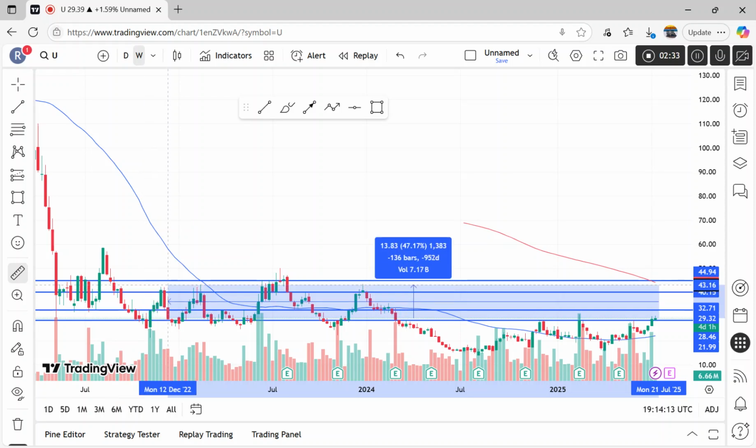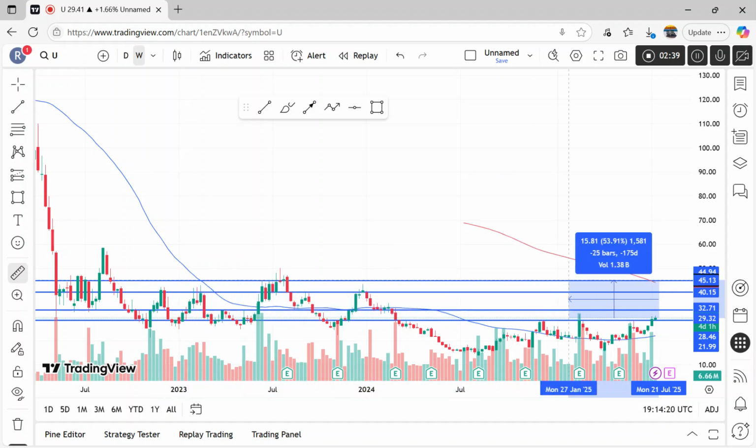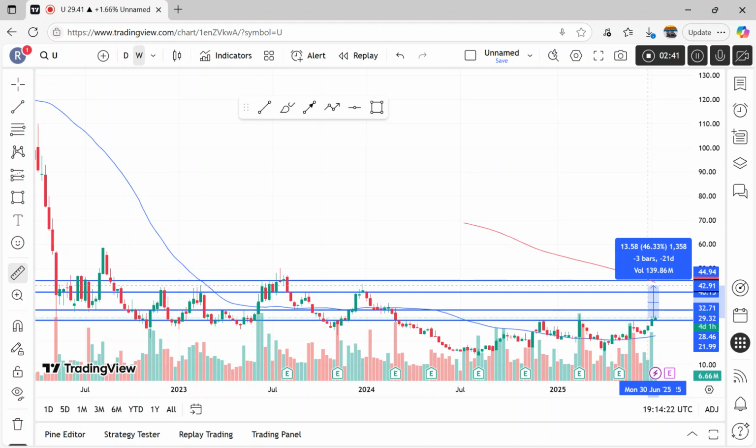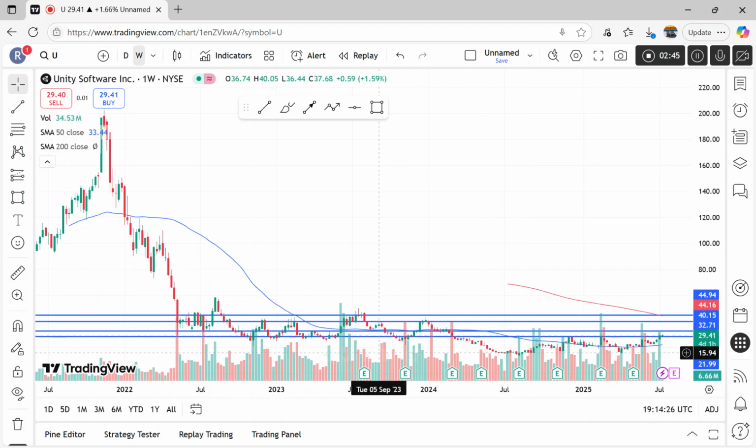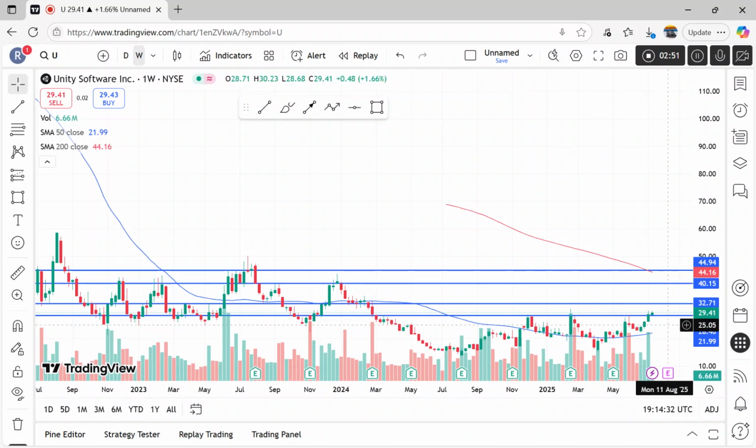And if it can get to the 200 weekly area, that will be about 48%. So on the chart, it doesn't look like a lot, but because of the old price of this stock, the potential gain is actually pretty impressive.